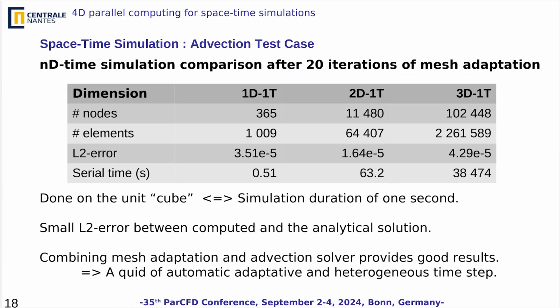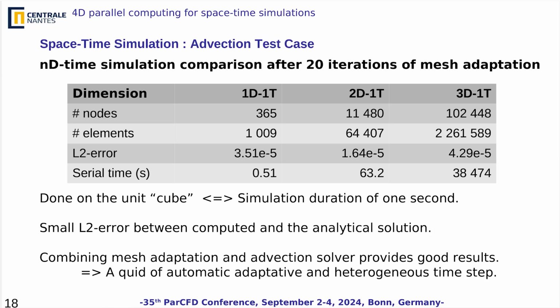So if I do some comparison between the results, for this test case we have an analytical solution, so we can compute an L2 error between the computed solution and the analytical one. For 1D, 2D, and 3D space-time simulation, we have quite good accuracy. Here are some numbers about the number of nodes and elements used in the final mesh, and of course the CPU time, which increased quite a lot with dimension.